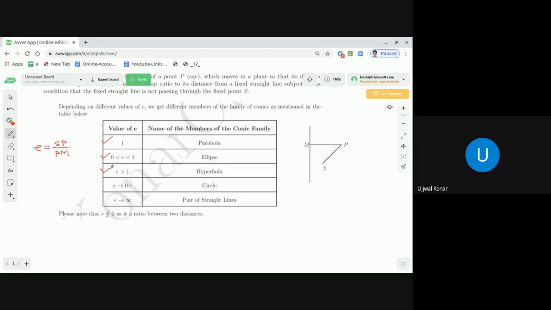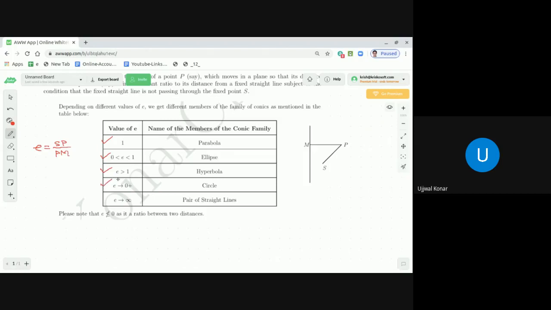So dear students, these are the three main conic sections. But apart from that, as we are discussing analytical geometry, the ratio can be near to 0 also. Why only these three values: 1, 0 less than E less than 1, and E greater than 1? It could be tending to 0 plus. If E is tending to 0 plus, then we call that conic a circle.